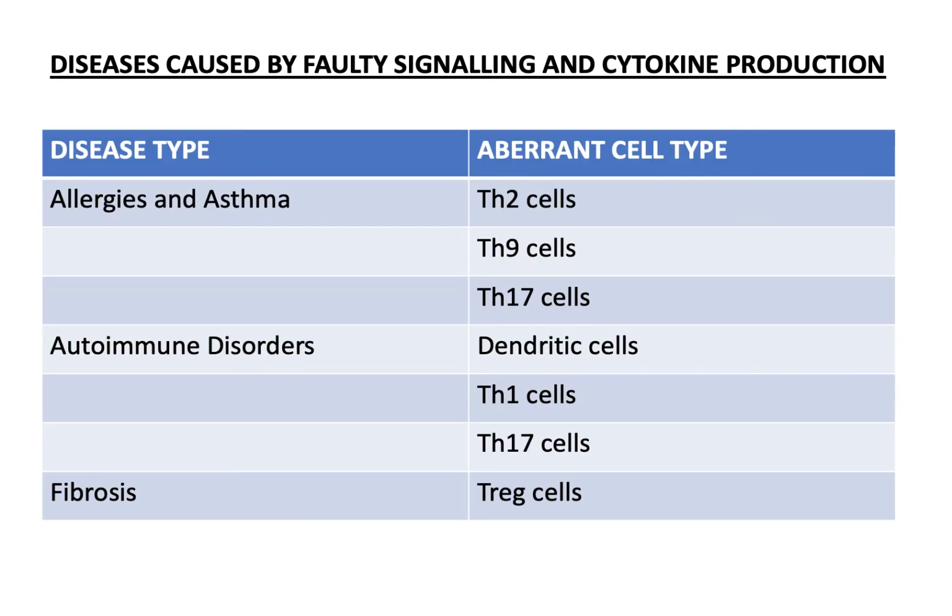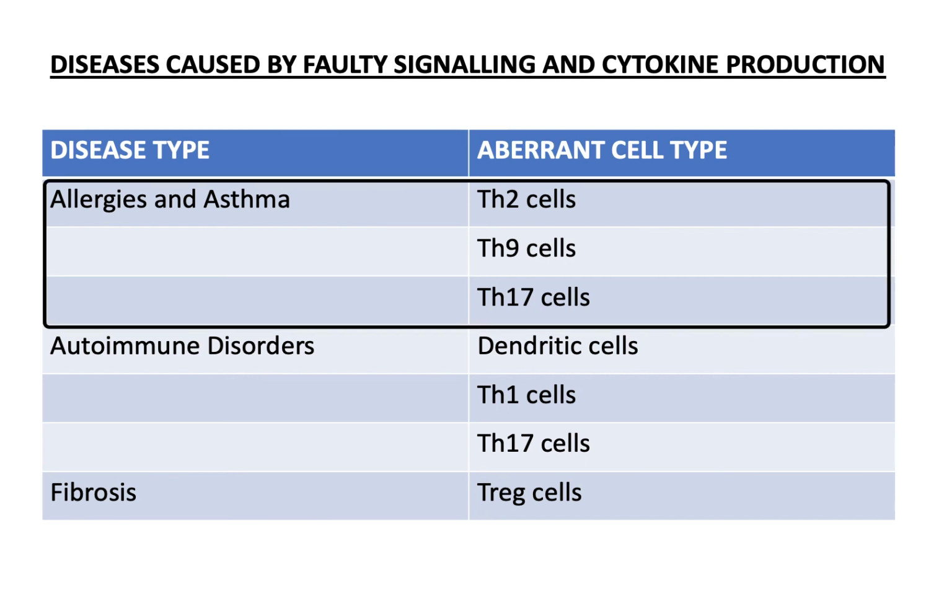Finally, I just wanted to say a few things about a few other diseases that are caused by faulty signaling and cytokine production. And these include asthma and allergies, which are due to faulty Th2 cells or faulty Th9 cells or Th17 cells.